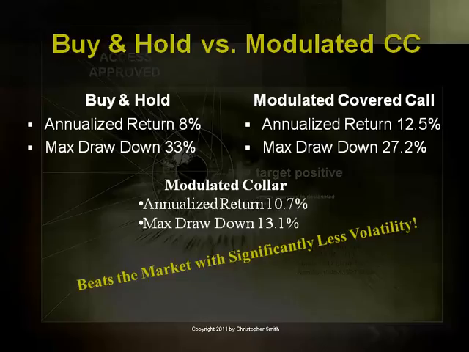Others might say, you know what, I'm all about the drawdown. I don't want to experience any drawdowns. I'm 5 years away from retirement. I don't want to muck it up. I'm going modulated covered call. Okay, so again, this is one strategy using a moving average crossover system that we back tested.